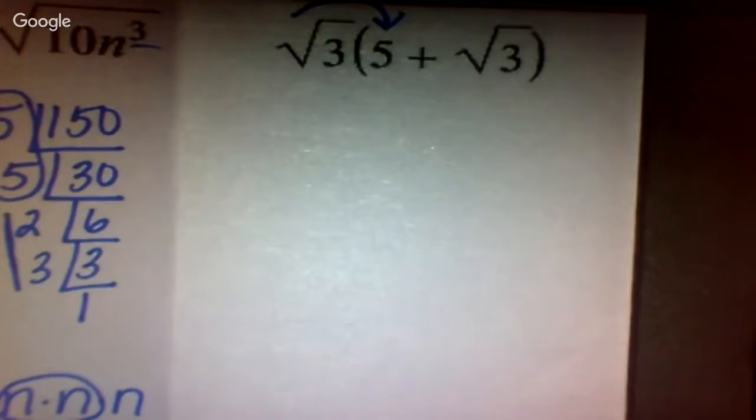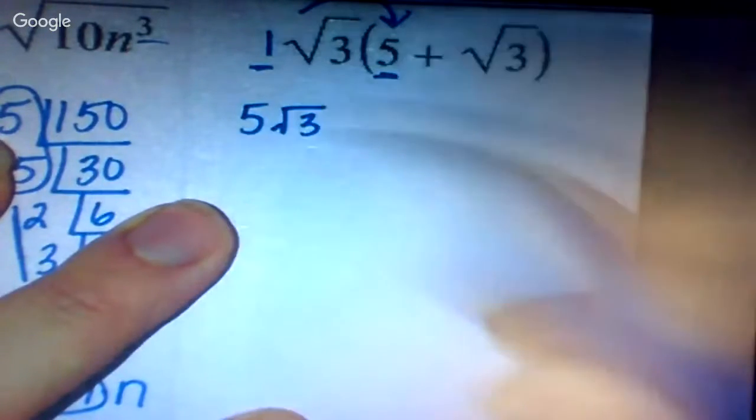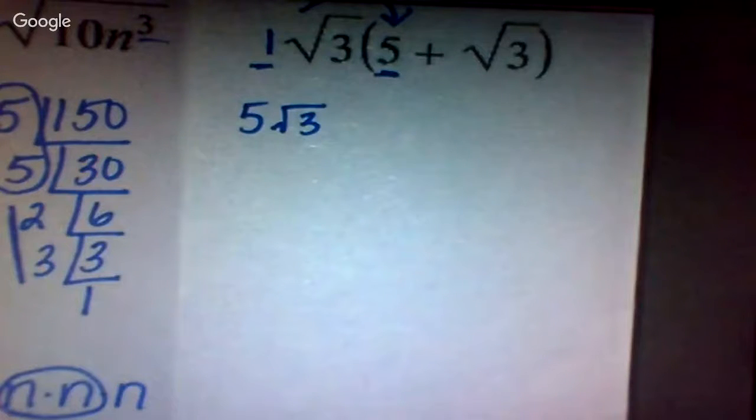No. So we assume that that's a coefficient. So this is technically 1 times 5, which is 5. There is no square root here. So this is just 5 square roots of 3. Anytime you multiply a radical against a number, you take that number and the number in front of your radical and put them together. That's it.